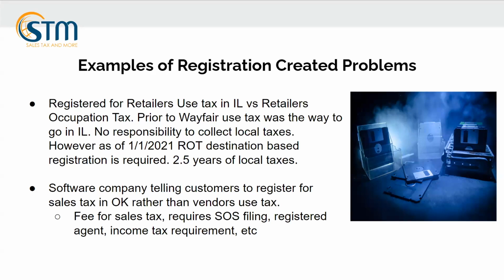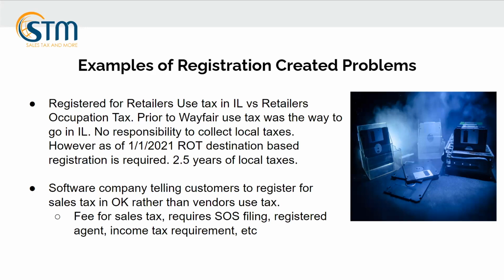Well, on January 1st, 2021, Illinois said, okay, if you have an economic nexus, no other connection with the state, you now have to collect the retailer's occupation tax, and it's got to be destination based. So if you were already registered, then you had to change your type of registration.